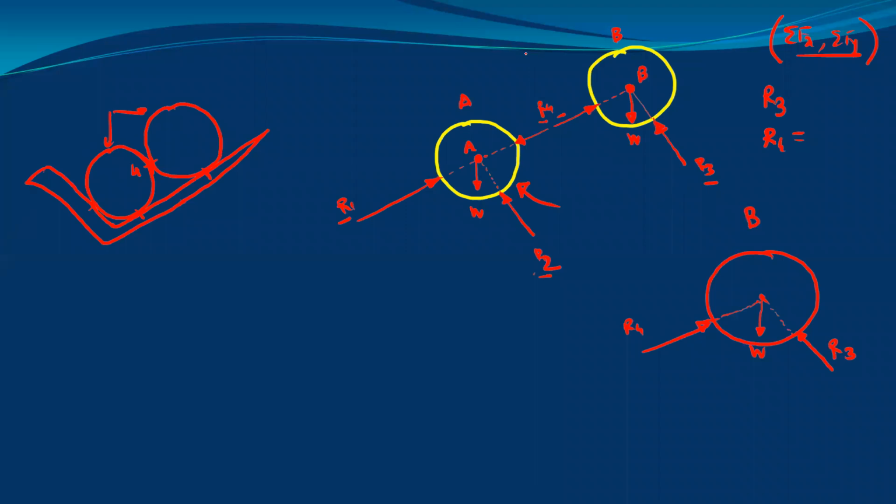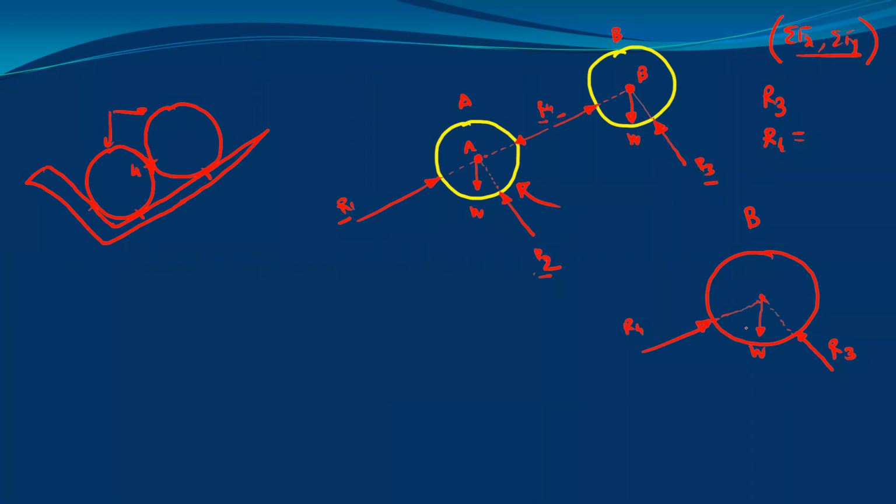One is summation Fx and summation Fy, and second is Lami's theorem. I will show how to solve this using Lami's theorem. You can try using summation Fx and summation Fy.